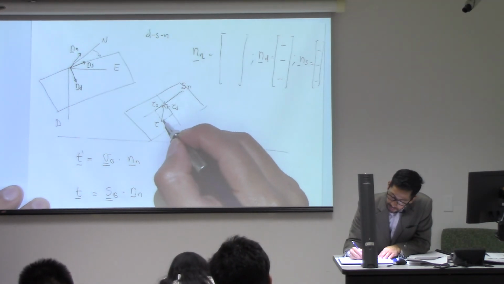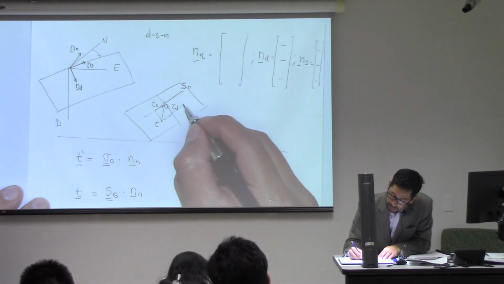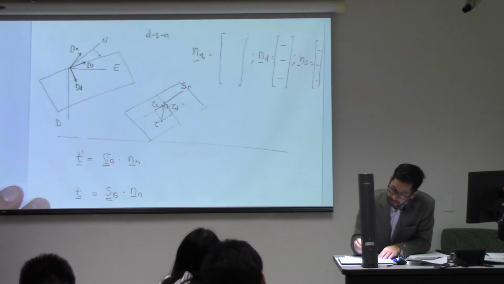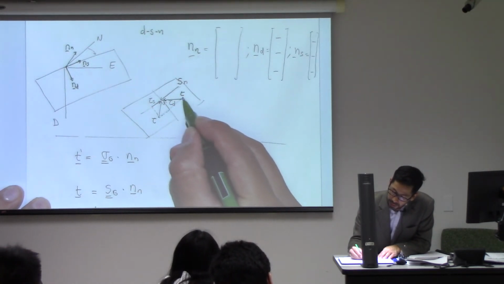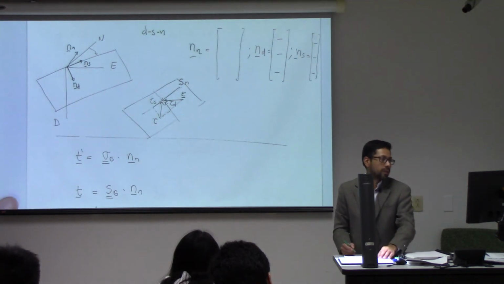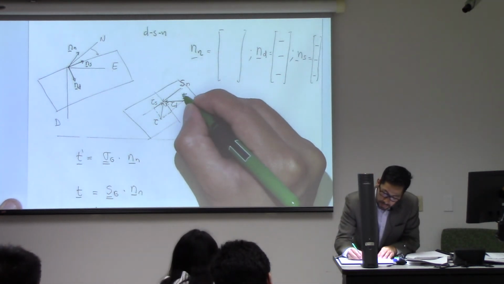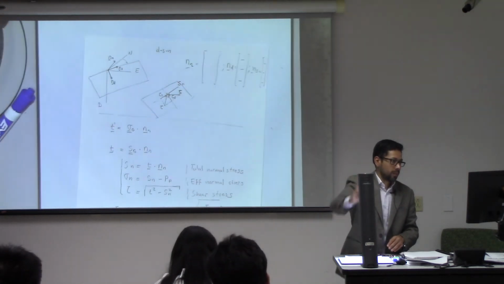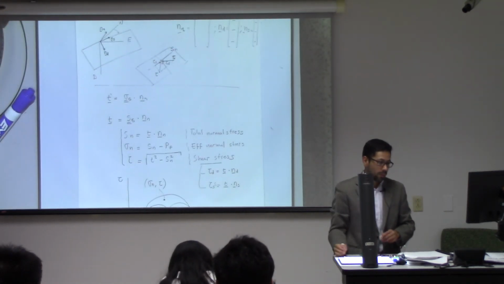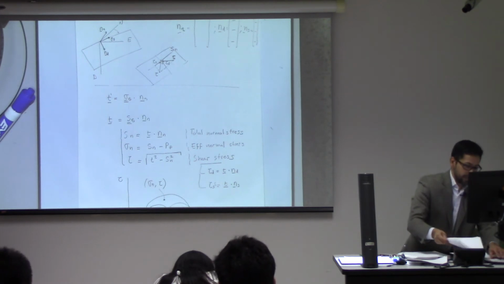So if I go a distance Sn over here, this one is t.